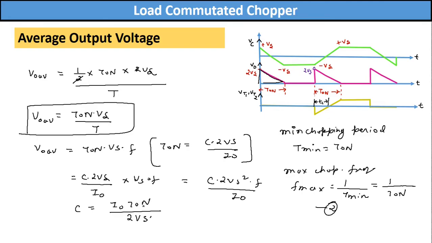Now we put T on equal to 1 upon F maximum. So this equation can be written as C is equal to I naught divided by 2Vs into 1 upon F maximum. So this is another equation of capacitance we get, in terms of maximum chopping frequency.